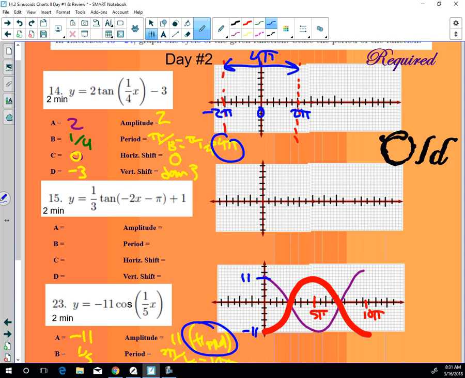Does that make sense? Yeah. All right, so then you're going to sketch your tangent curve.